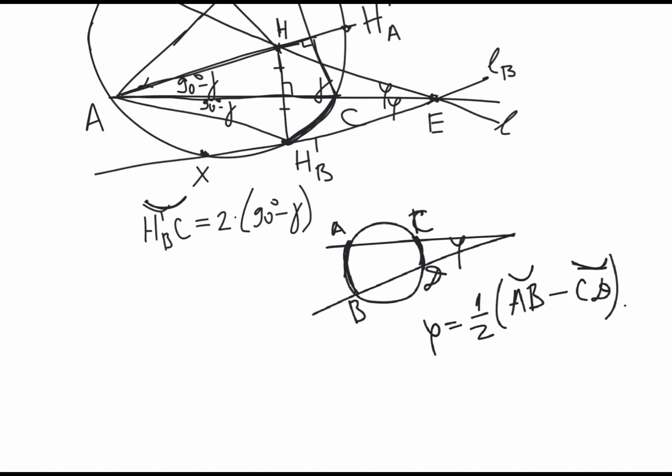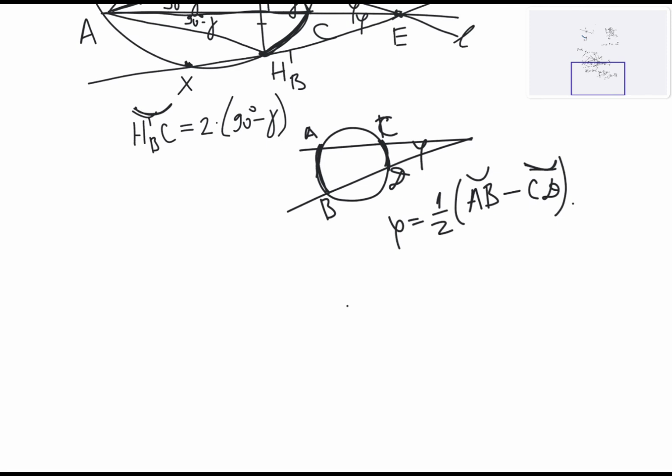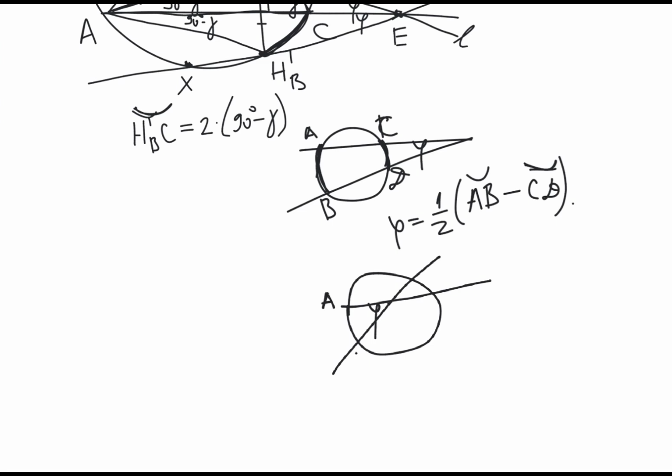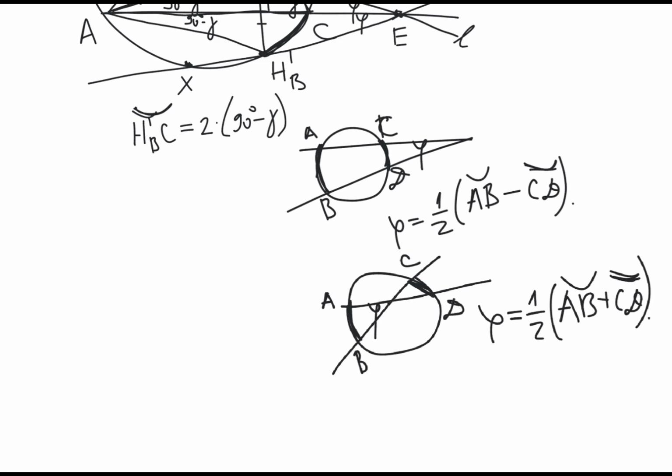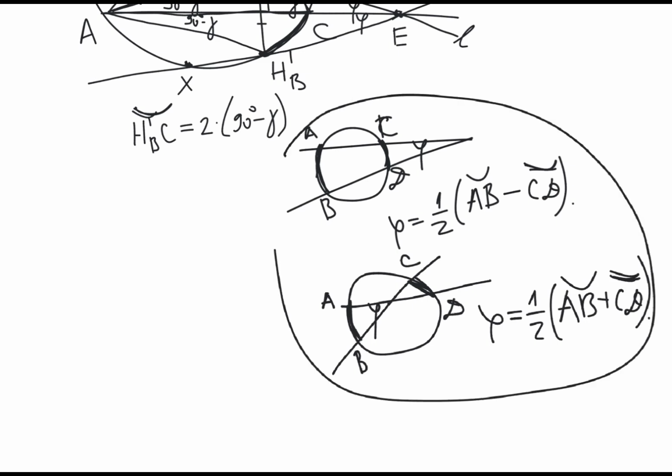And if the vertex of the angle is inside the circle, something like this, then this angle is equal to half of the sum of these arcs. So in this case, phi is equal to 1/2 of AB plus CD. These are two well-known theorems. I believe I proved them in one of the previous videos, so we will use them here.